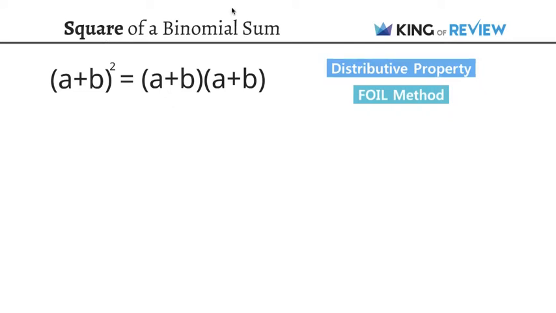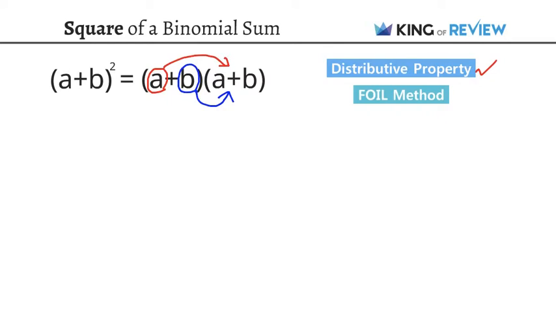Okay, this time I'm gonna use the distributive property to solve this problem. So we can distribute like this: A times A plus B, right? And then this B times A plus B, right?